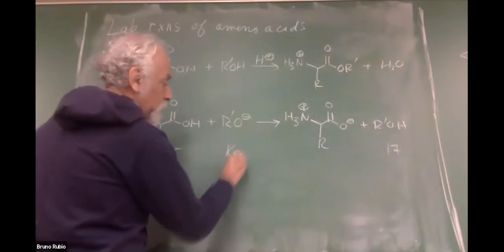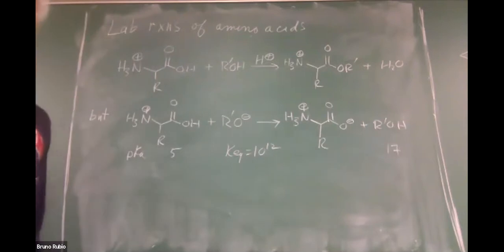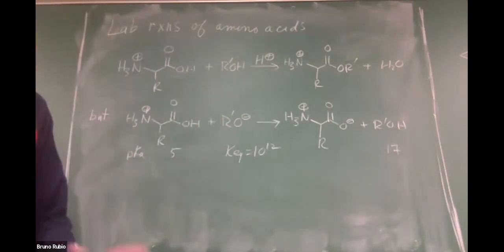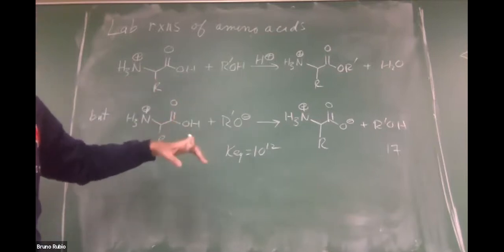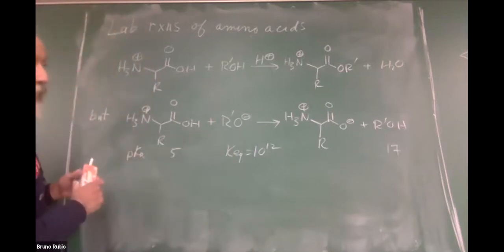The equilibrium constant here is 10 to the 12. That's a gigantic equilibrium constant, right? So the acyl substitution is going to be completely defeated here. All right, so we can have esterification under acidic conditions, but not under basic conditions.